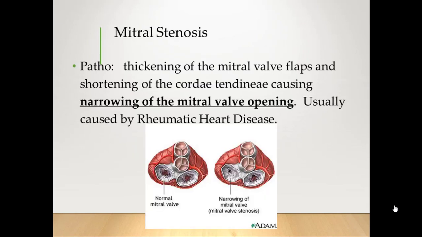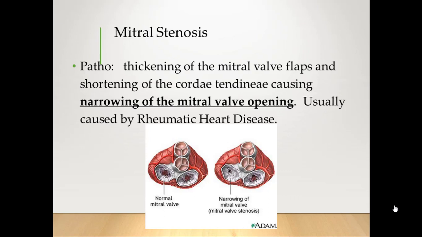All right, mitral stenosis. The mitral valve flaps are thickened, and the chordae tendineae, which move the flaps, are shortened, so it actually causes a narrowing of that mitral valve opening. Generally, mitral stenosis is caused by rheumatic heart disease or rheumatic fever.